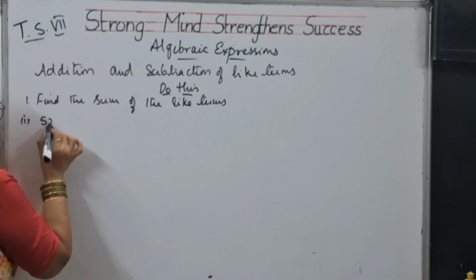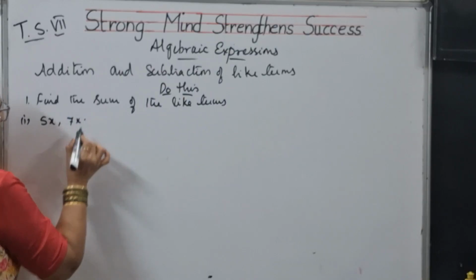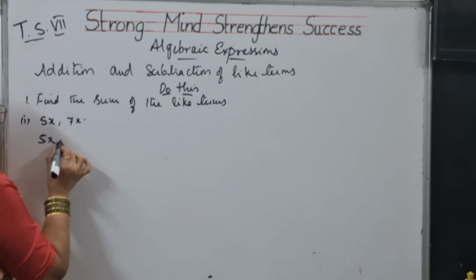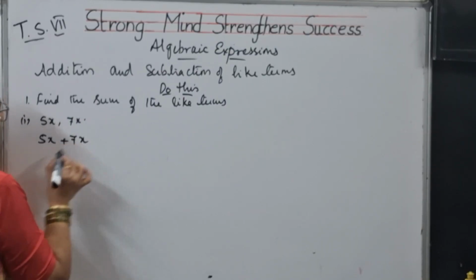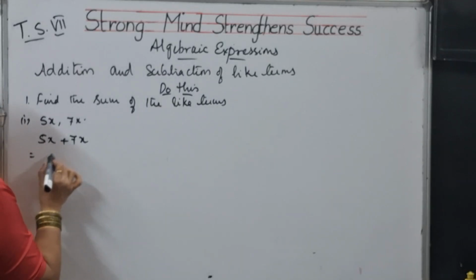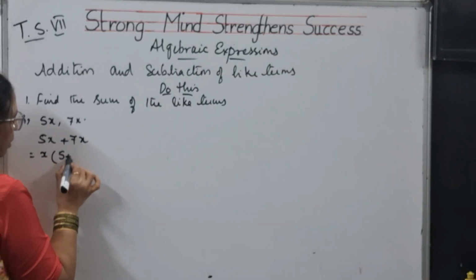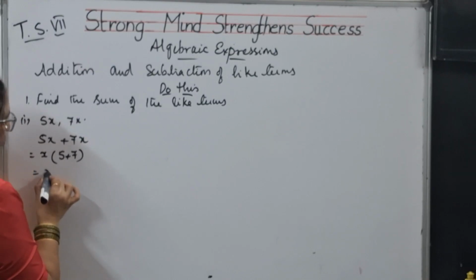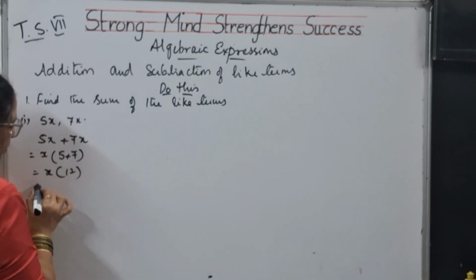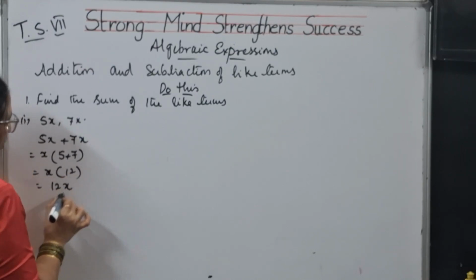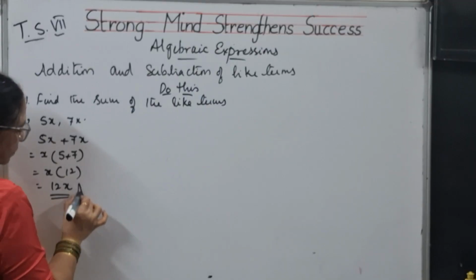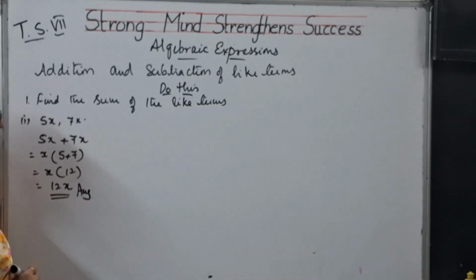You have to add 5x and 7x. Sum means you have to add. In this, take x as common, since both of them have x. 5 plus 7, how much are you getting? x into 12, that is 12x. This is the answer. You can add in this way.